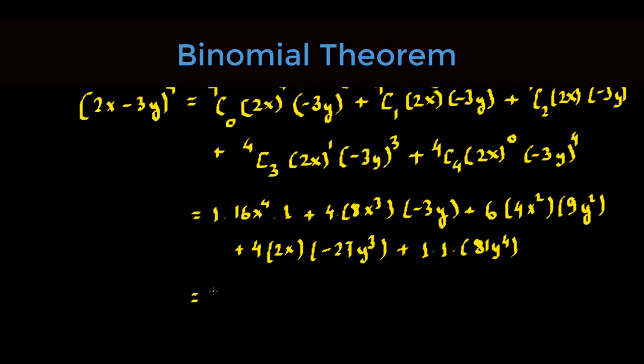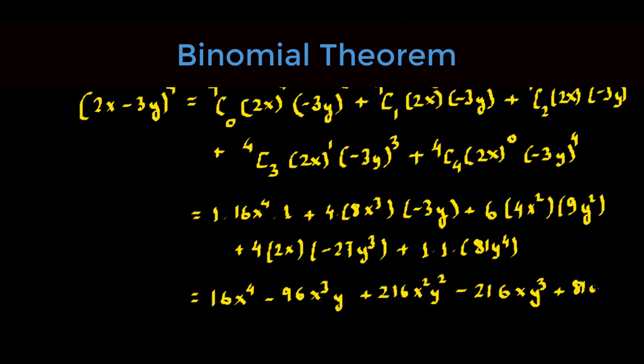So the final expression should look like 16x raised to the power 4, negative 4 times 8 is 32, 32 times 3 is 96, 96x cubed y, plus 6 times 4 is 24, and 24 times 9 is 216, x squared y squared, negative 4 times 2 is 8, 8 times 27 is 216, so 216xy cubed, plus 81 y raised to the power 4.